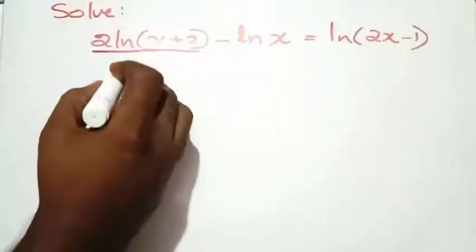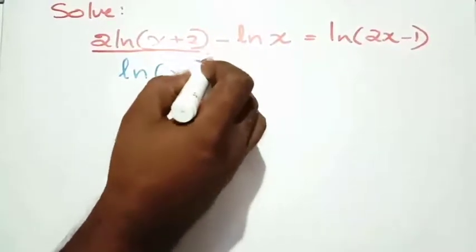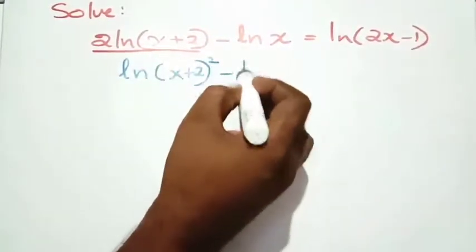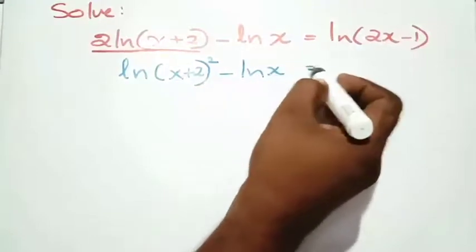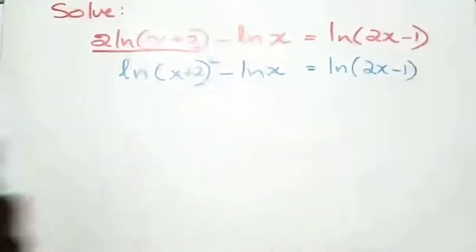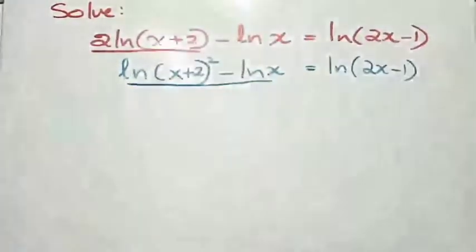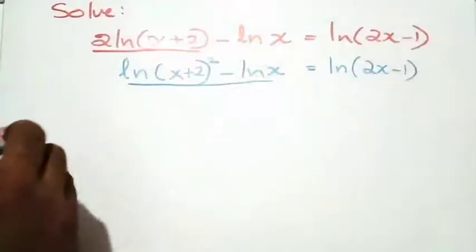So it can be written as log of x plus 2 the whole square, minus log x, is equal to log of 2x minus 1. Now this part looks like log a minus log b, which you know is log a divided by b.